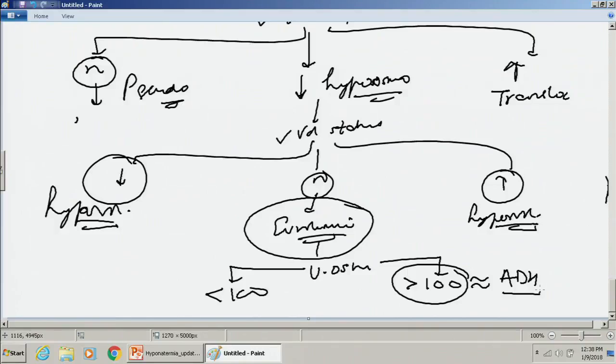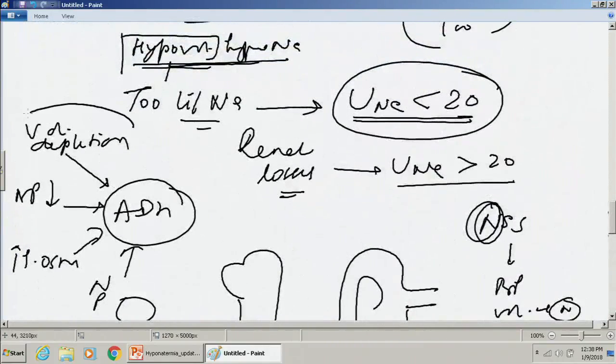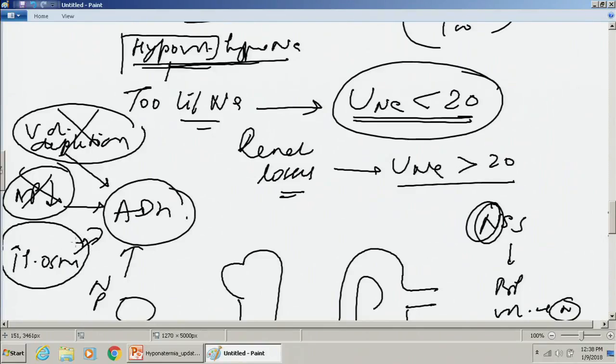So let's go back to our Mr. ADH, right? We said that the stimulus for ADH is volume depletion, right? And right now we're in the middle row of the euvolemic hyponatremia. So we know that volume is not the stimulus for this ADH to be active. Agree, disagree? Agree, right? Secondly, we said the serum osmolarity, if anything, was low in the middle section, right? So your serum osmolarity should not be a stimulus for the ADH in this patient.